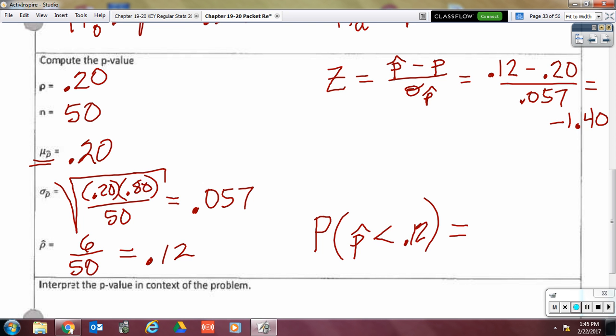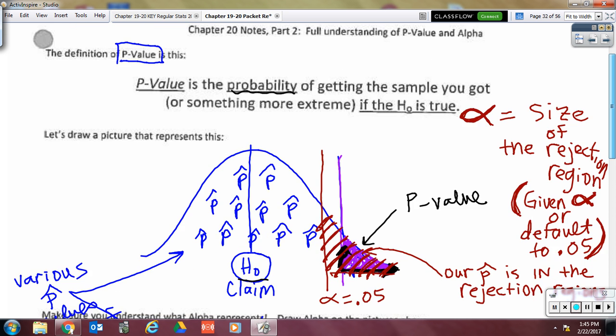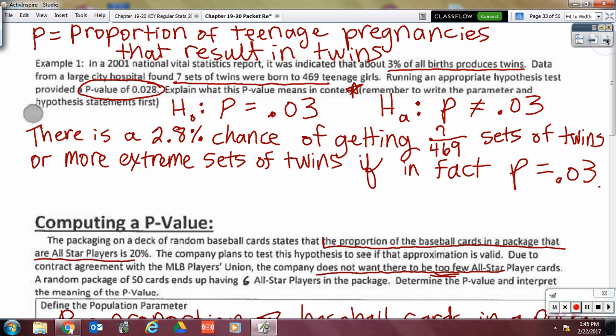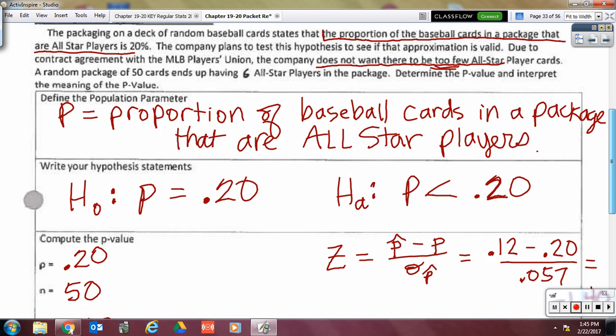So remember how earlier in the class we were talking about a sample that's not too unusual? If a sample is not too unusual, am I going to end up rejecting the claim? Probably not. Okay, so keep that in mind. I'm probably not going to end up rejecting because it's probably not going to be in the rejection region, which is future lessons that we're working towards.